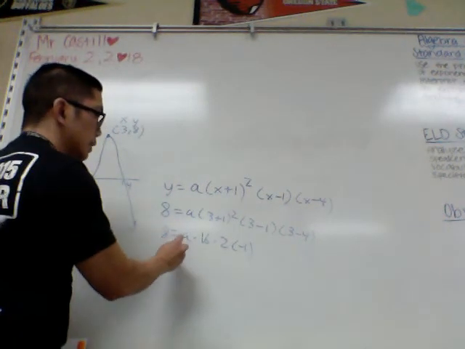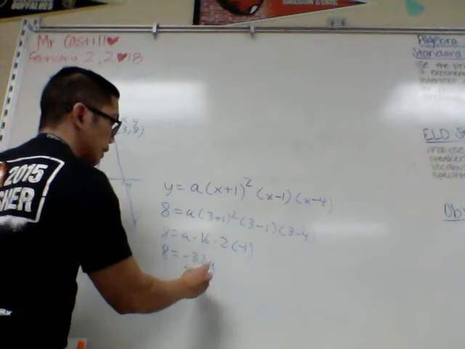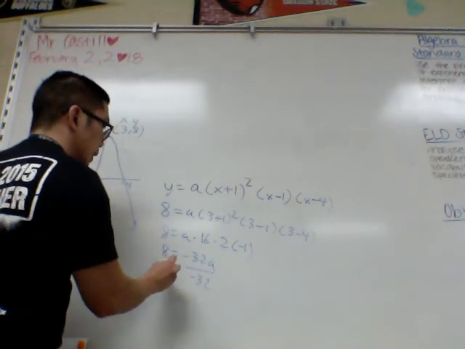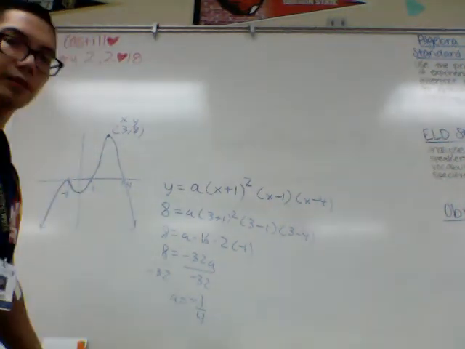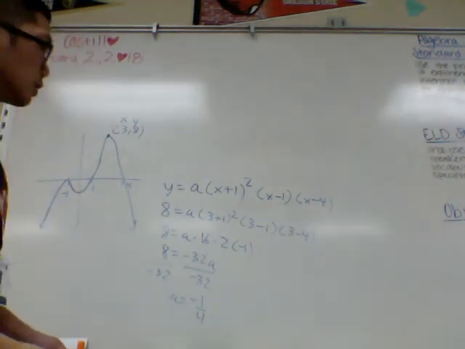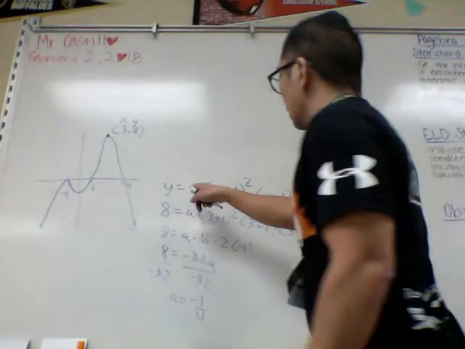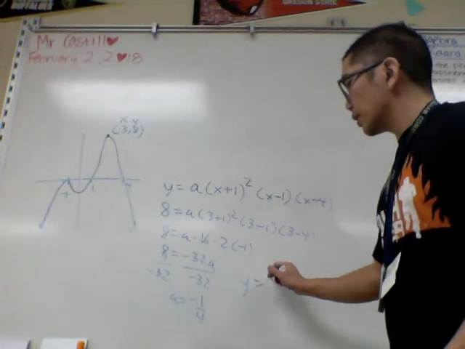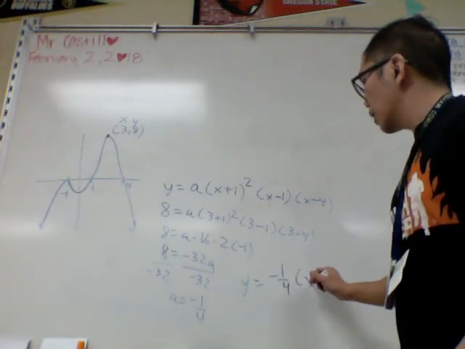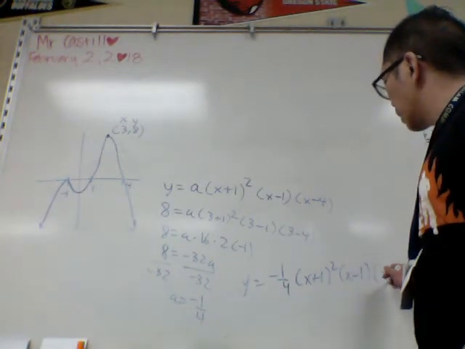And so 8 is equal to negative 32a. Divide both sides by negative 32. And so a is equal to negative 1 over 4. So when you write the final polynomial equation, you just replace the a here with negative 1/4. So y is equal to negative 1/4, x plus 1 squared, x minus 1, x minus 4.